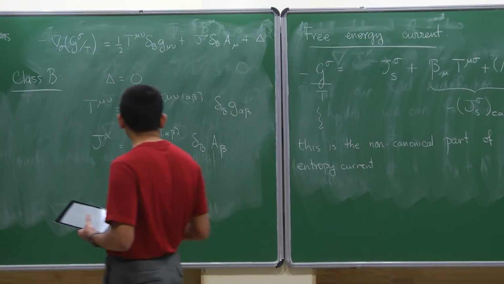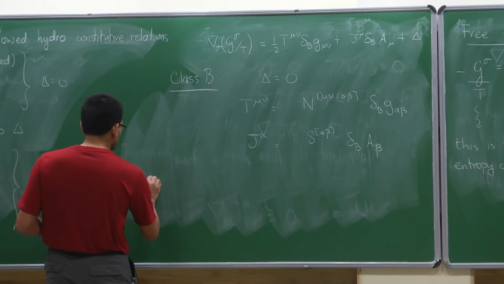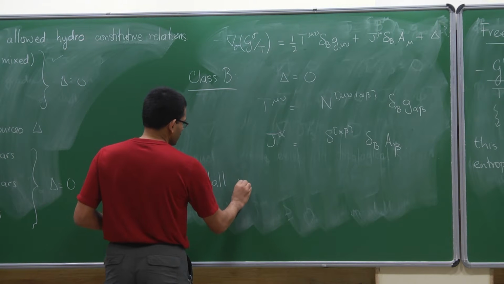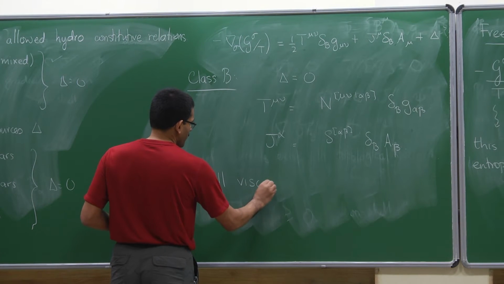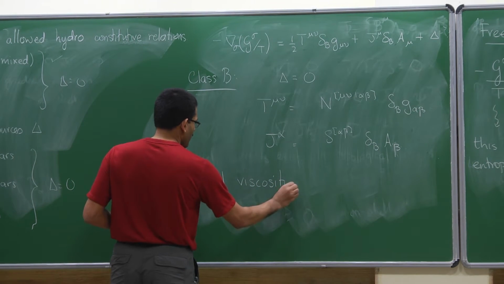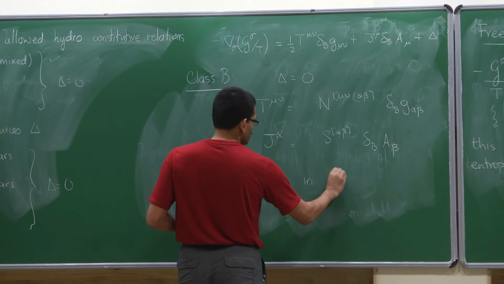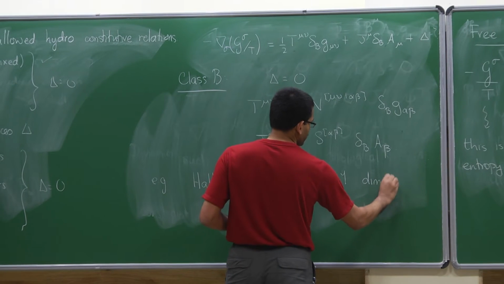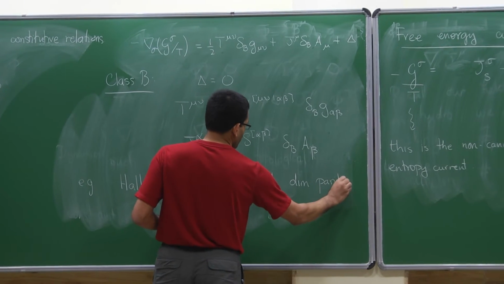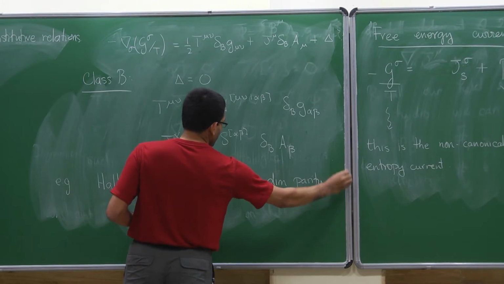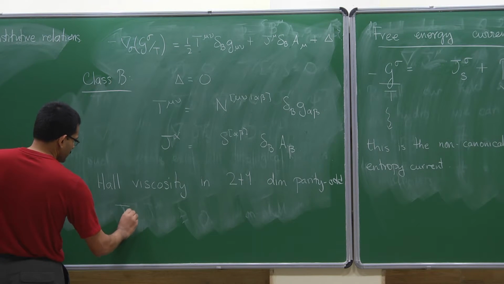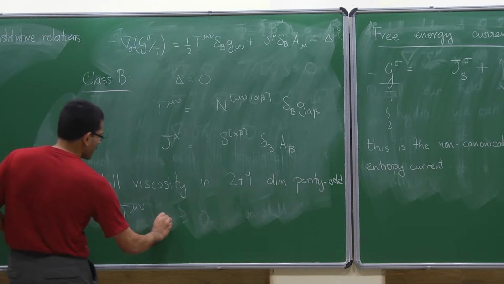Let me see if I remember. Okay, so one example is Hall viscosity in 2+1D parity odd fluids, where T mu nu looks like this.